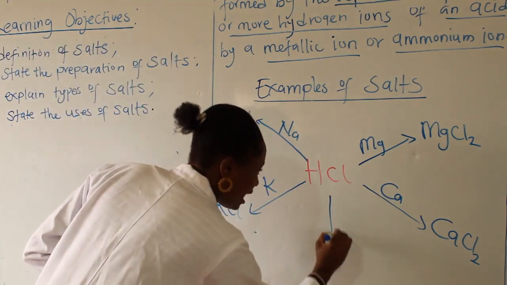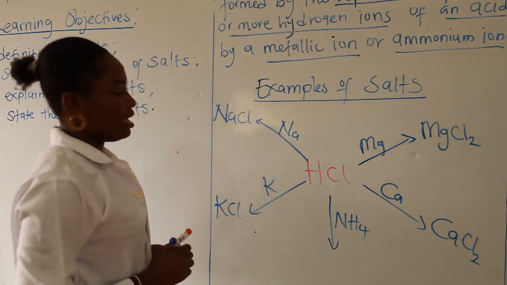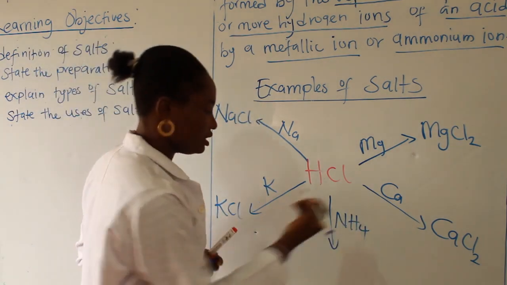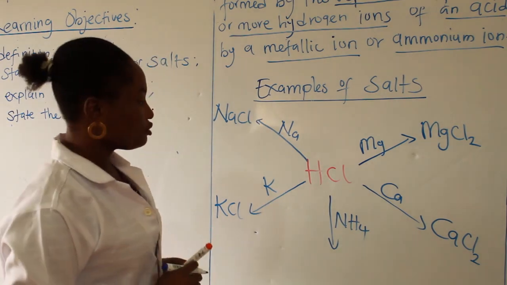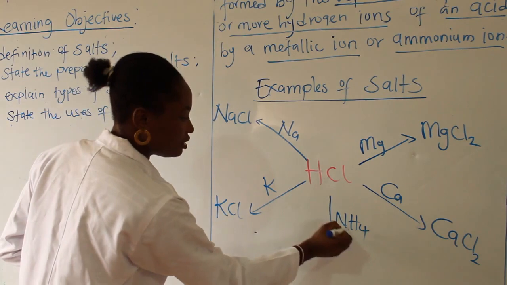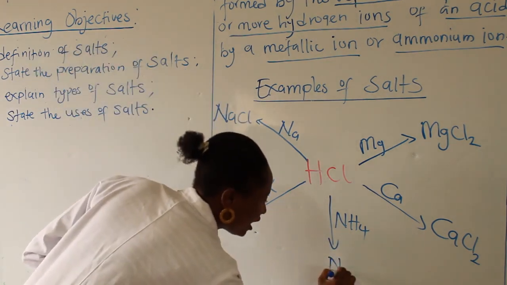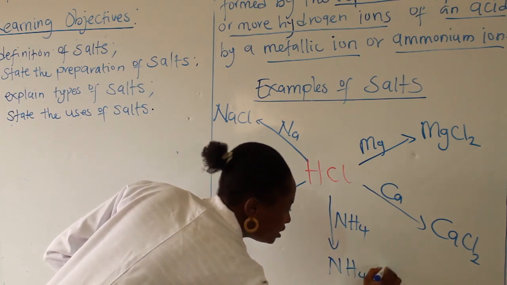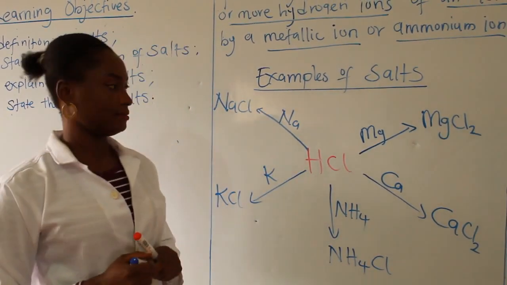Ammonium ion is NH4. Ammonia is NH3, just to remind you. So if you are changing the hydrogen by adding this ammonium ion, you have NH4Cl, and this is called ammonium chloride.